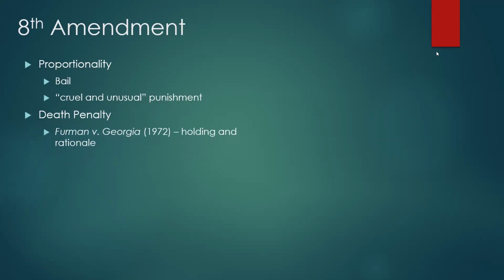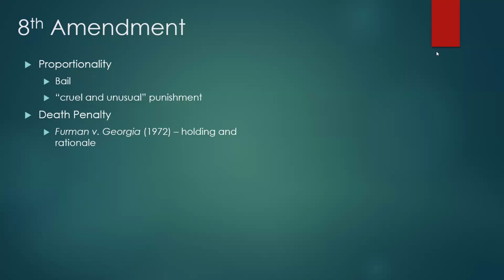To even have the death penalty at all, for a period of time, that was in question. It was called into question by this particular case, Furman versus Georgia. A very narrow majority held in the Furman case that as to those specific defendants, the death penalty was cruel and unusual.